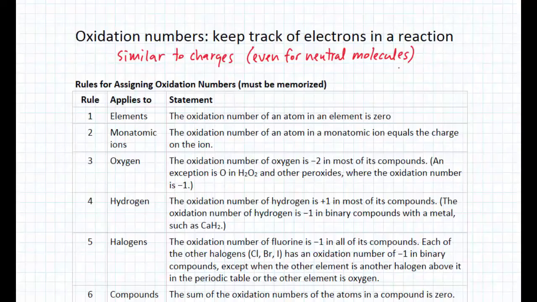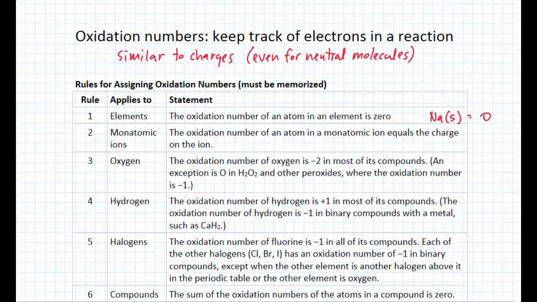Okay? So elements, the oxidation number of an atom in an element is 0, just like its charge. Pure elements are uncharged, okay, and have no charge. So regular plain old elements, right? If we had just sodium, that is an oxidation number of 0.